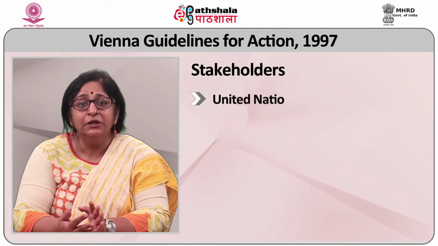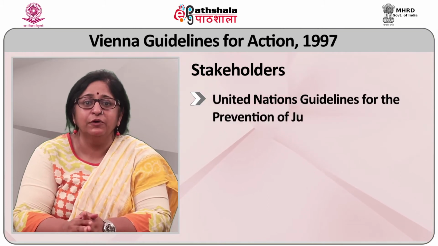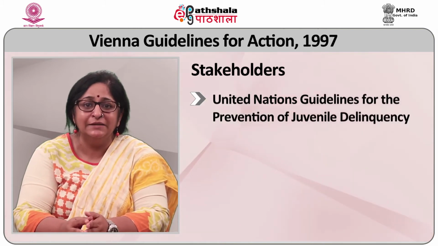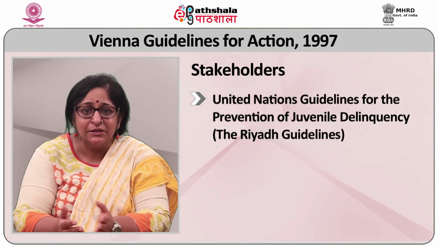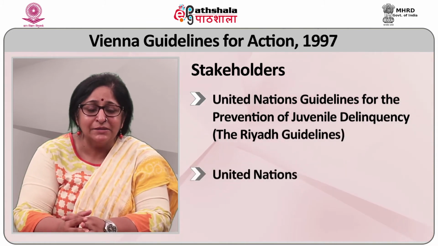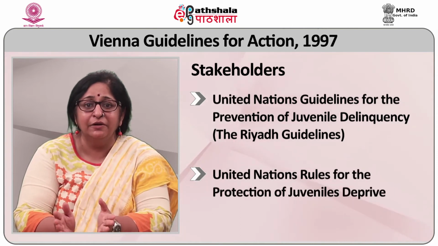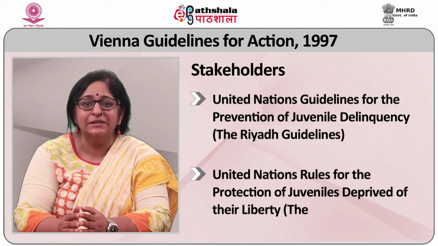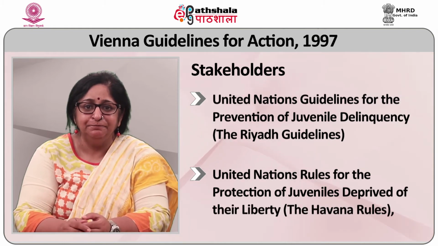And fifth, the United Nations Guidelines for the Prevention of Juvenile Delinquency, which is the Riyadh Guidelines, which we discussed just now, as well as the Havana Rules, which are together referred to as the UN Standards and Norms in Juvenile Justice.